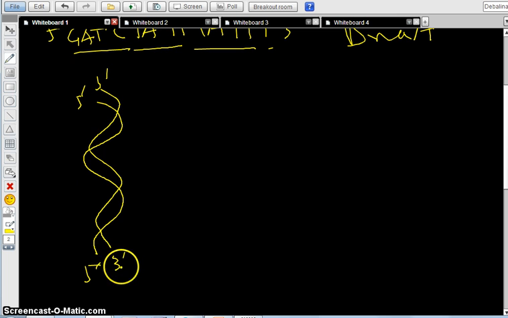No, it's not 5, it should be 5 prime and this should be 3 prime. Anyway, this is a strand of double helix DNA, and each strand is bonded together by hydrogen bonds, which actually stabilize this double strand structure.